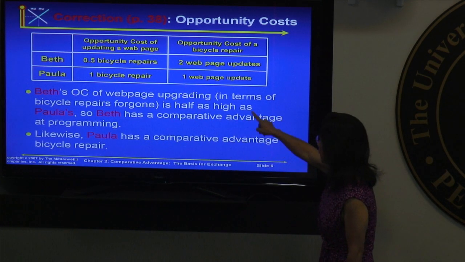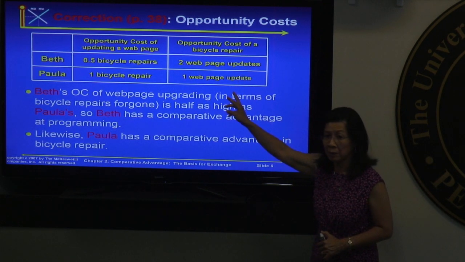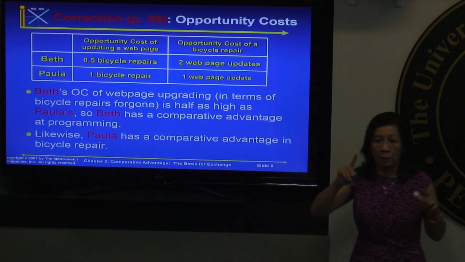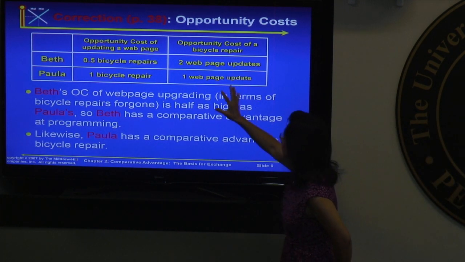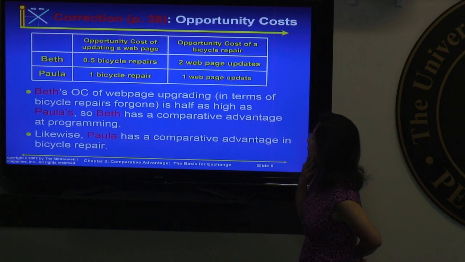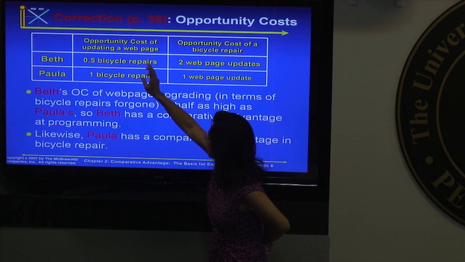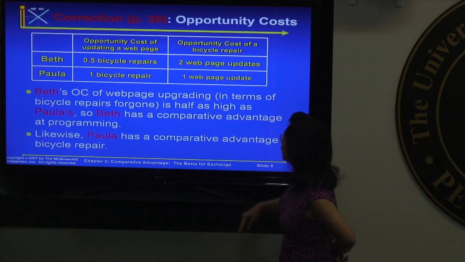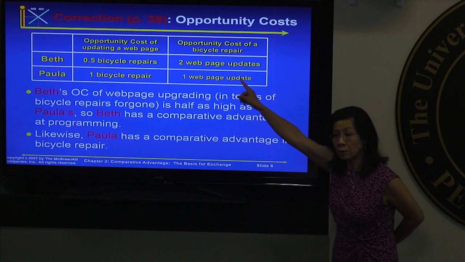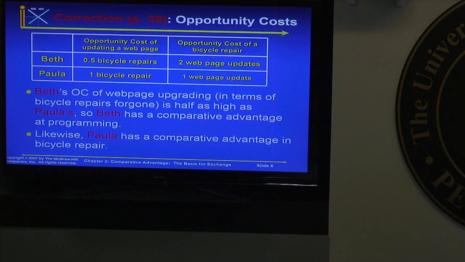So Paula therefore has a comparative advantage in bicycle repairing. Now everybody at this point, if you look at the number, you know how to make a decision. Half is less than 1, so Beth has comparative advantage in upgrading web page. 1 is less than 2, so Paula has comparative advantage in repairing bike.